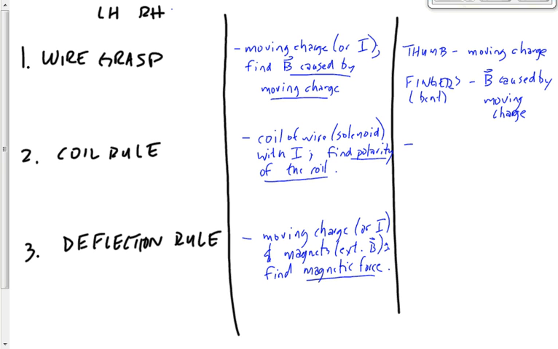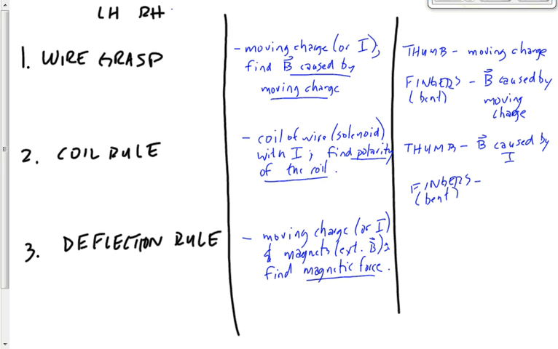Rule number 2, well, we also have our thumb and fingers. And our fingers in this case are also bent, like this. But this time our thumb points in the direction of the magnetic field caused by the electric current. Remember, we're always dealing with a wire here in the coil rule, so we're not going to say moving charge, we're just going to say the direction of the electric current.